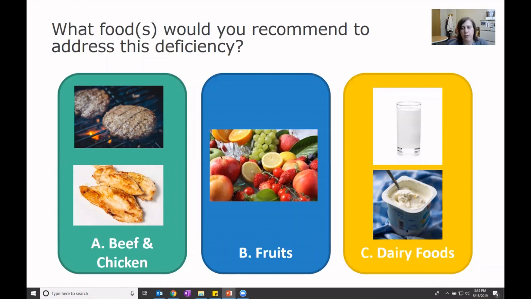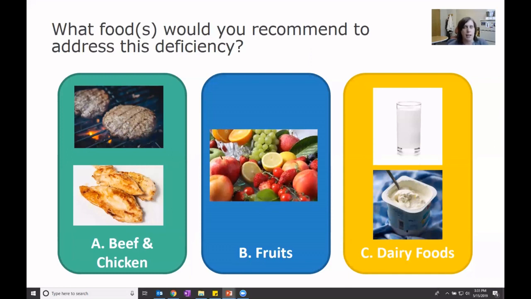But now we have it fortified into the food supply, especially in milk. All milk, regardless of its percent milk fat, so whole milk, 2%, 1%, non-fat milk or fat-free milk, they all have vitamin D added to it, along with vitamin A. When it comes to yogurts, not all yogurts actually are fortified with vitamin D, so you have to look at the label to see whether or not the kind you have is fortified, especially if you don't drink any kind of fortified cow's milk or fortified other types of milk like soy milk, and you're getting most of your dairy foods from yogurt.